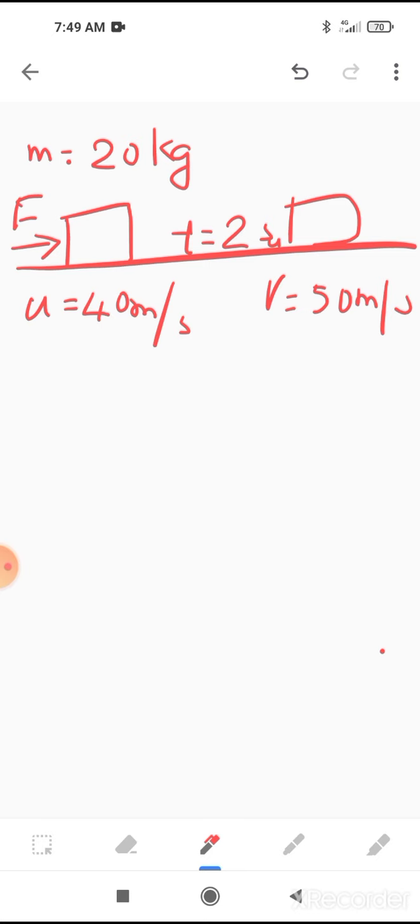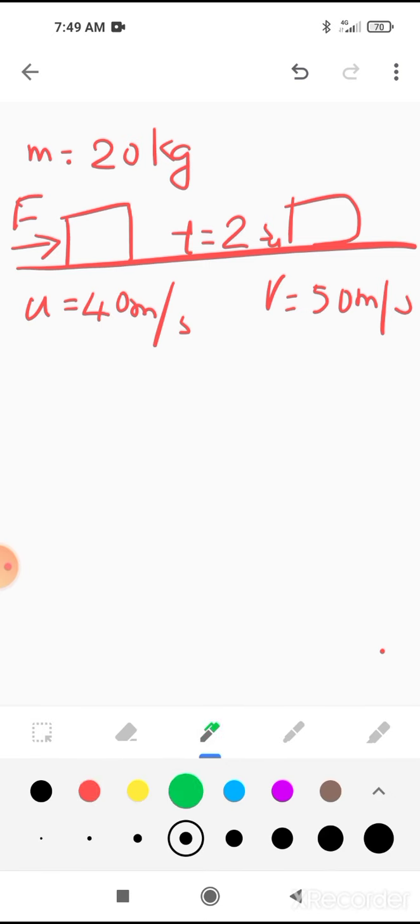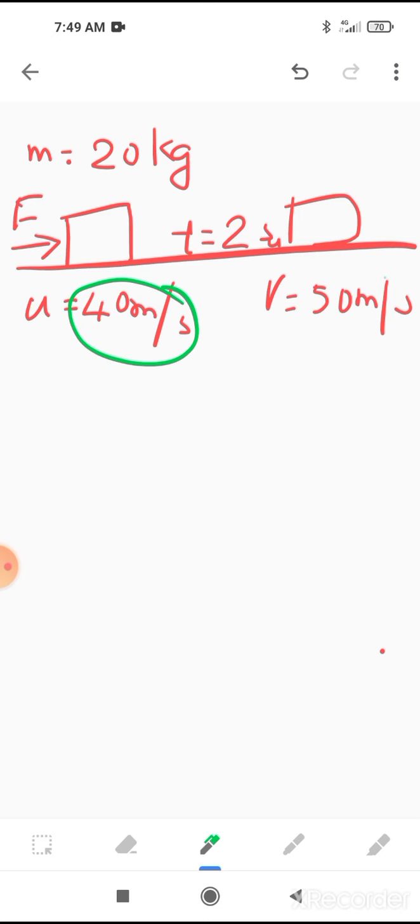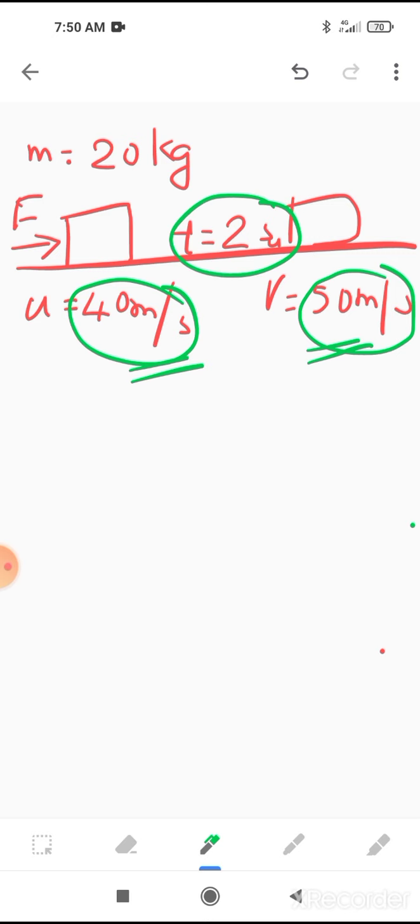This change happened within 2 seconds time due to the application of force, and you are asked to find out the work done. Here we can apply work energy theorem.